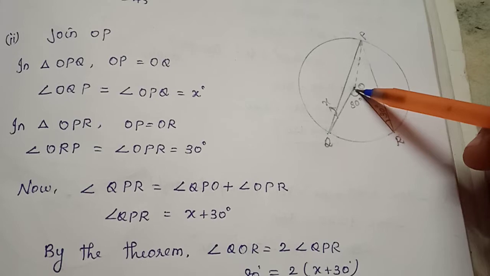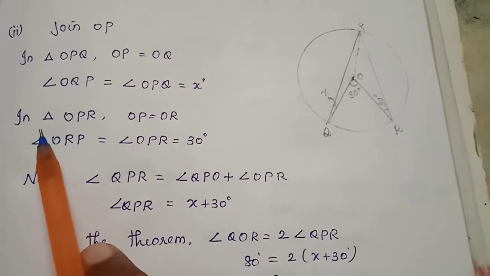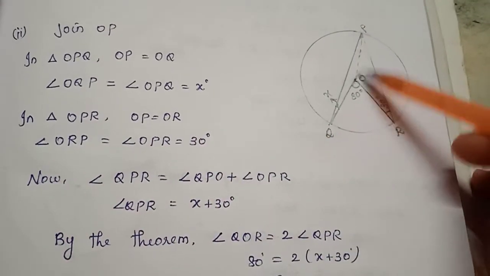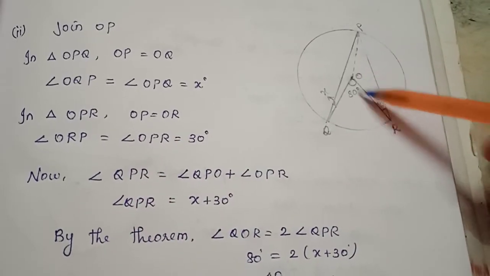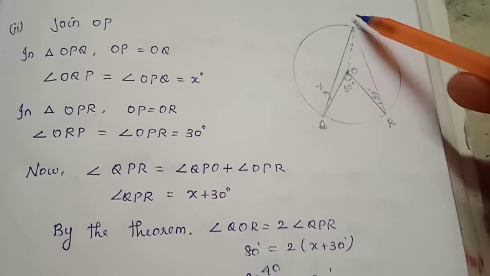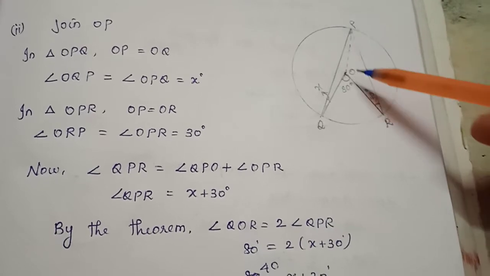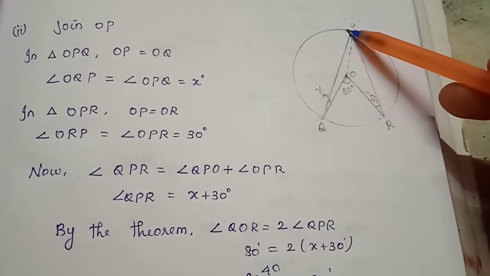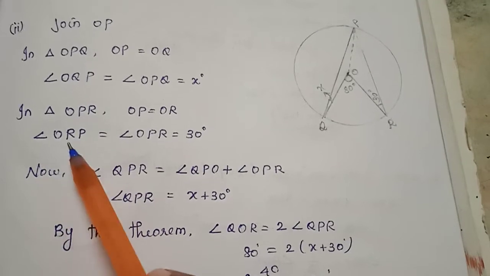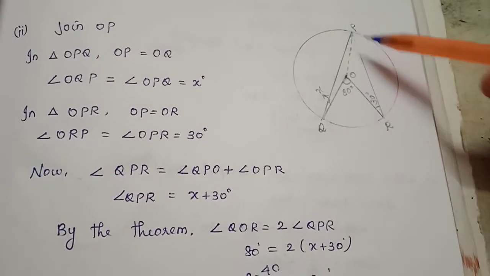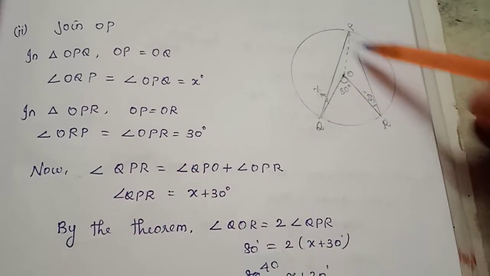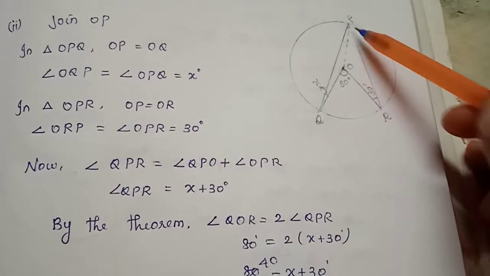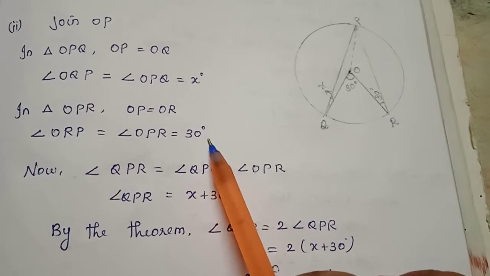So in triangle OPR, OP equal to OR. Since these two sides are equal, the angles also will be equal, that is angle ORP is equal to angle OPR, and both are equal to 30 degrees.